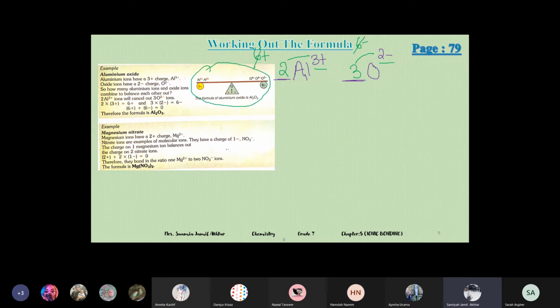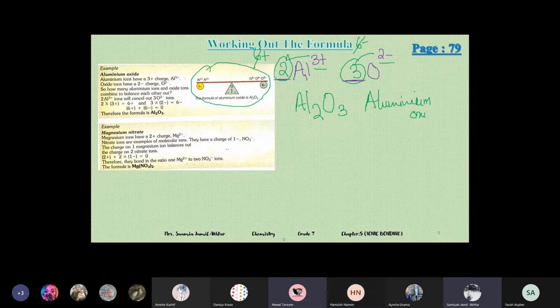See the picture. Aluminium is 2, the number which we wrote. We will write this number, not the charge number. The number which we added: Al2O3. We will not write the charge number. We will write the number which we added. So Al2O3 is the formula of aluminium oxide.